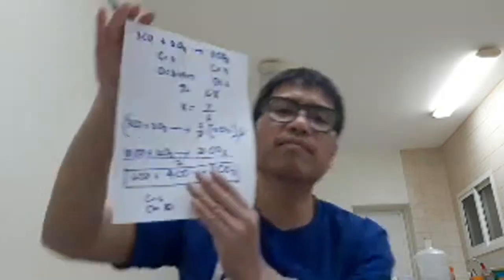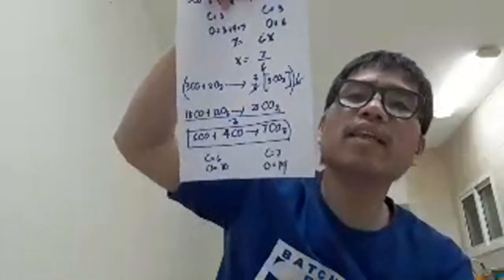And balance again. Carbon 6, carbon 7. Oxygen is 6 plus 4, 10. Oxygen is 14. See? We have now our fourth balancing.